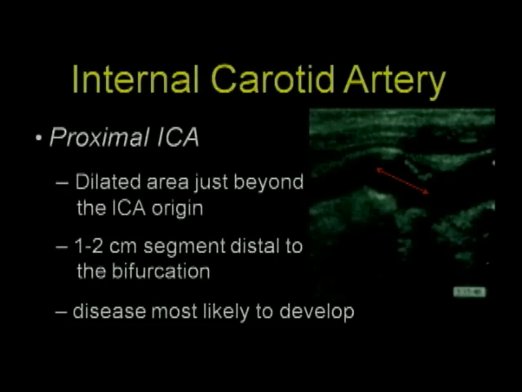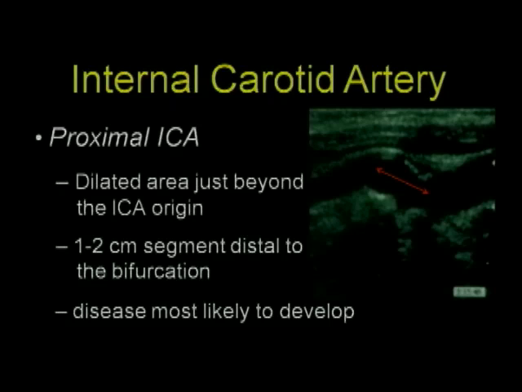Keep in mind that when you apply your interpretive criteria, all of the criteria that have been acquired and validated are for use at the ICA origin only. It does not work for the common carotid artery. It wasn't validated for that part of the carotid artery system. It does not work for the external carotid artery. You shouldn't use it in the vertebral. And it doesn't work for the distal internal carotid artery.